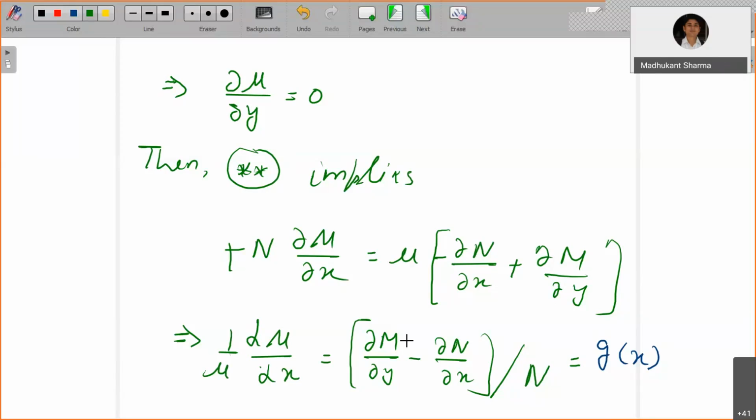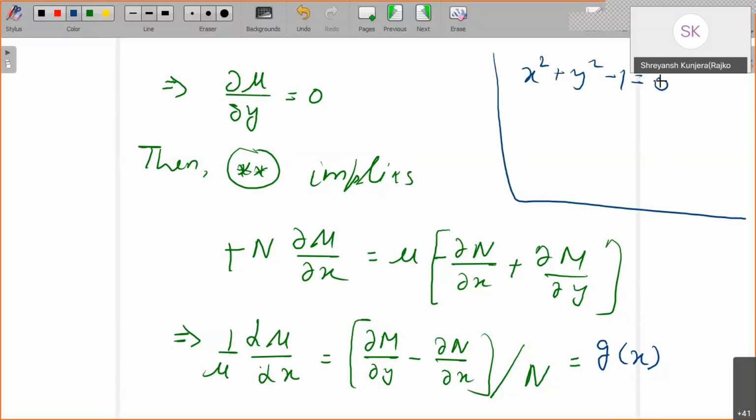You have given x square plus y square minus 1 equals 0. I just write x square is equal to 1 minus y square. So this is your point, right? This side y is involved, this side x is involved.